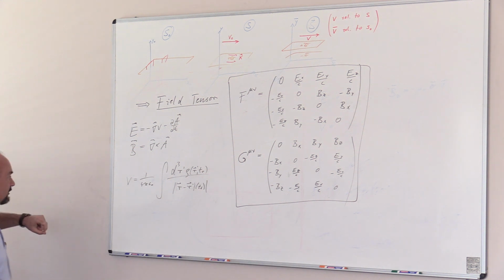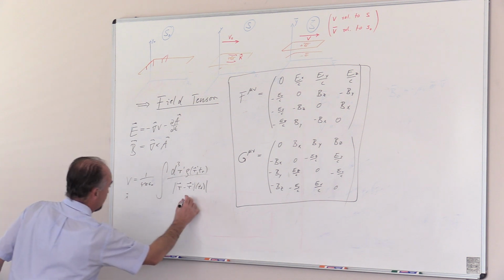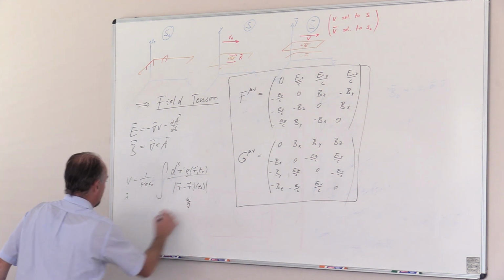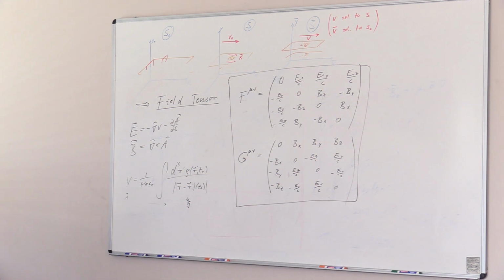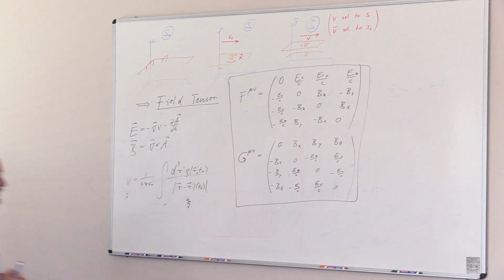So now let's see, and say A for charge current densities, right? Let's see how we can kind of fold all of this in with this field tensor here.